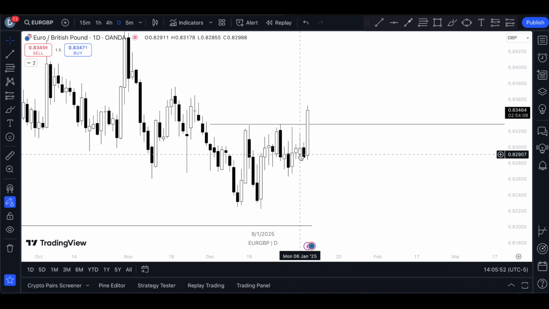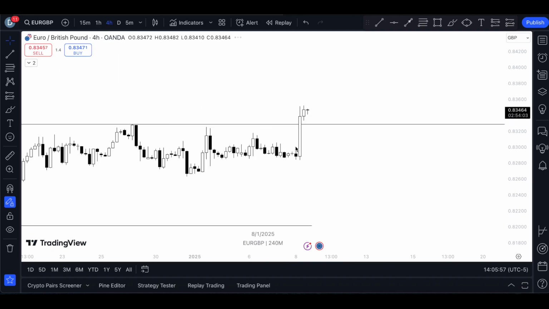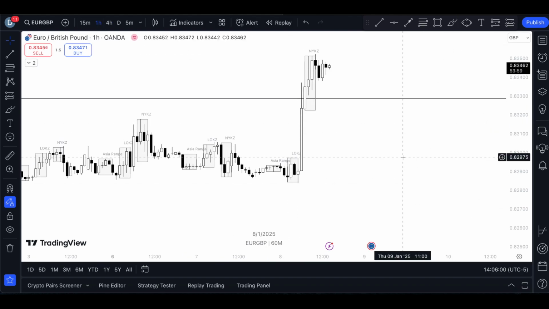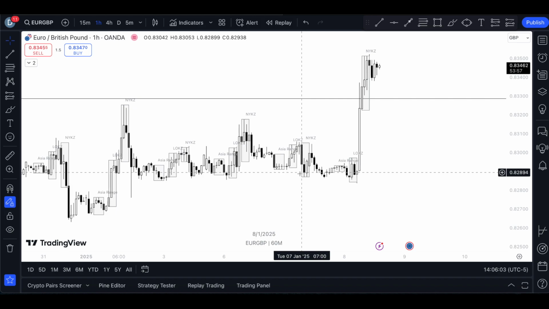Neither does Monday's candle. It didn't really offer much. But when we come to a lower time frame, let's come back to the hour, and we look at Tuesday, what we could see was that price had swept sell side liquidity from Asia and started displacing higher. And this was a session where, of course, we were trading.